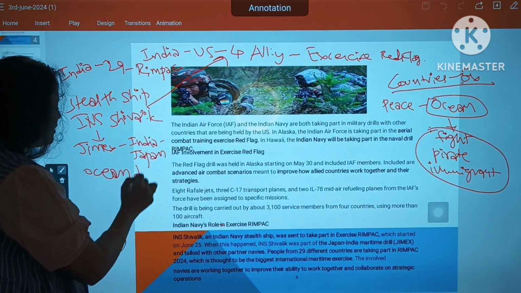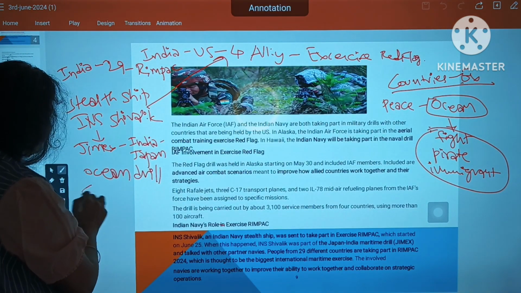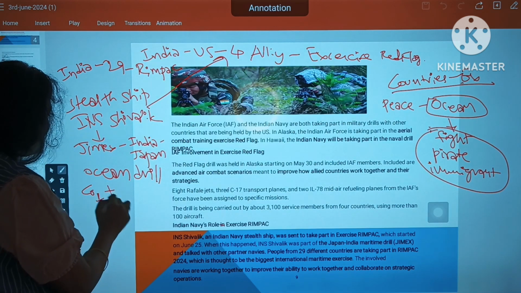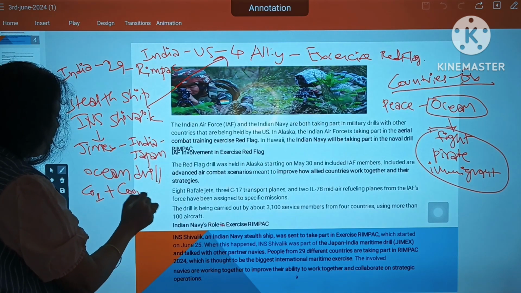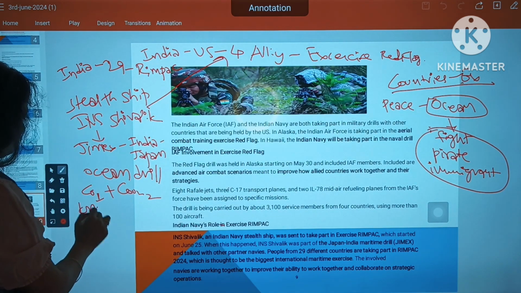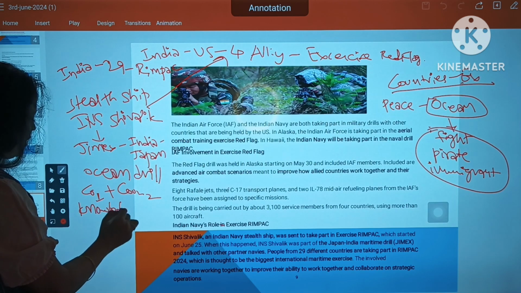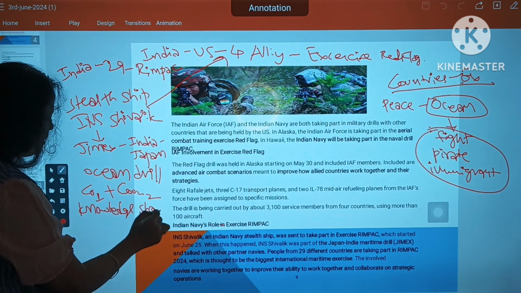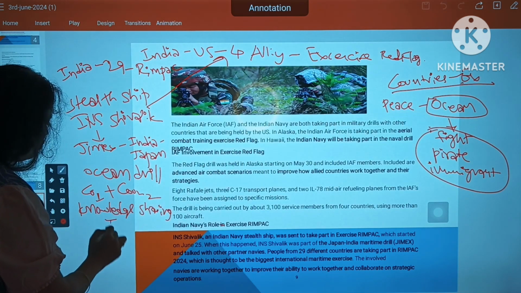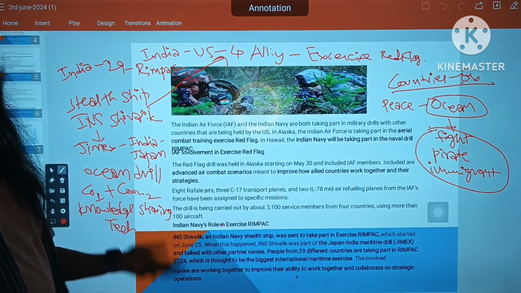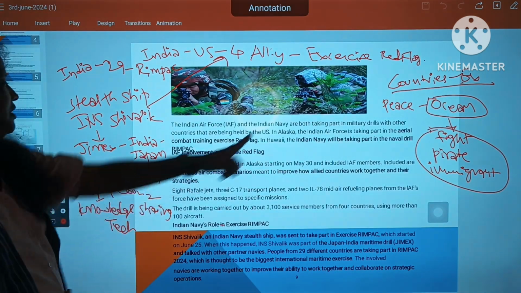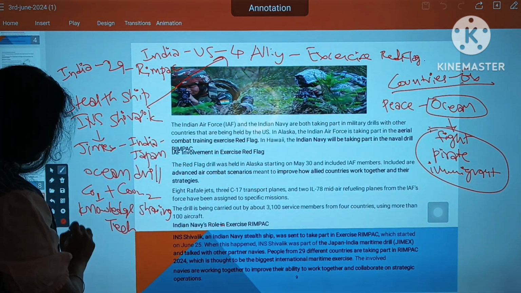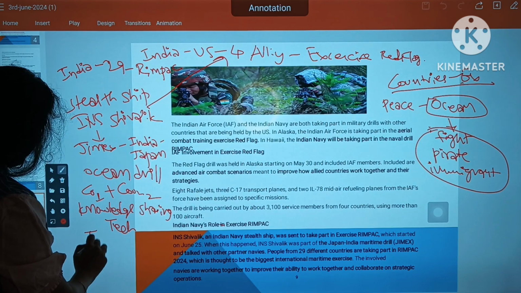But in an ocean drill, why should country 1 join country 2? For knowledge sharing, meaning technology: how to use devices and new technologies for the peace of the ocean. Another thing is training.